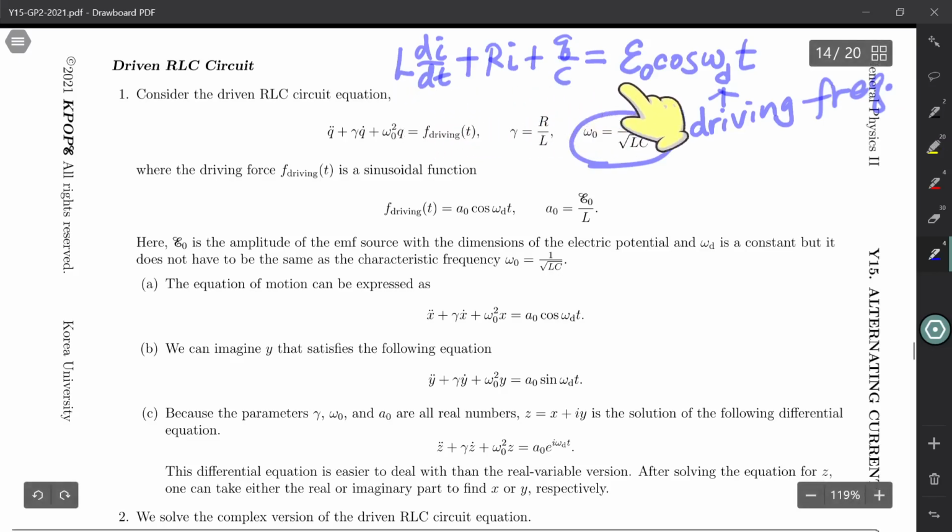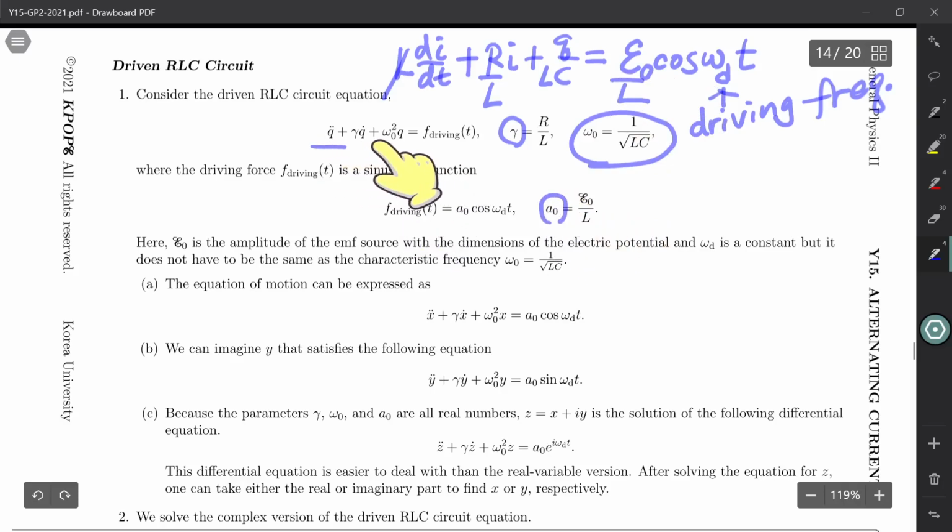We divide both sides by L and replace this 1 over LC with omega 0 squared, and replace R over L with the coefficient gamma that involves the damping, and simplify this epsilon 0 E0 over inductance with A0.